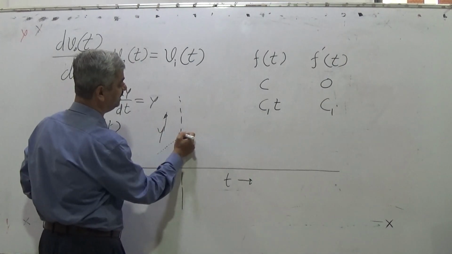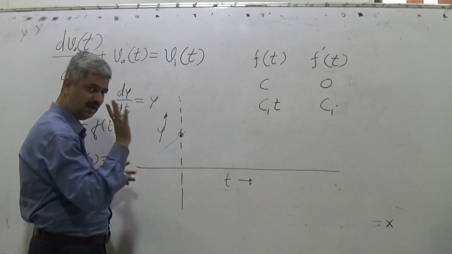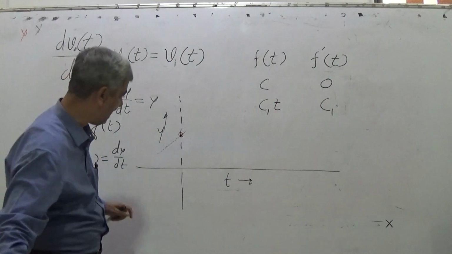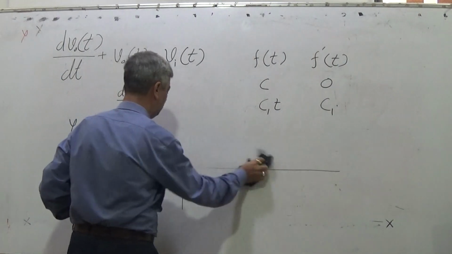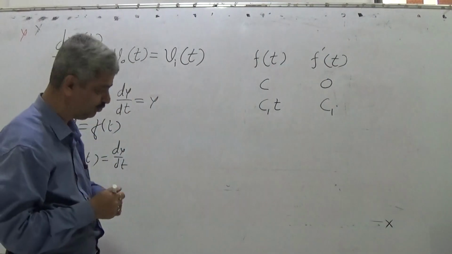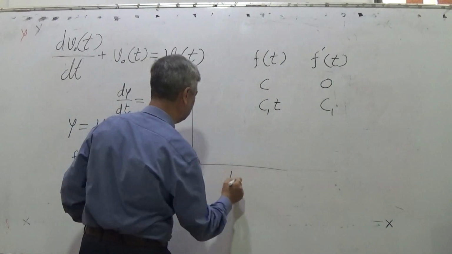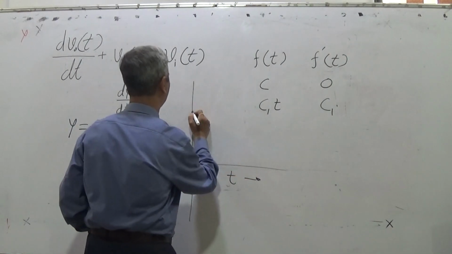Then as it proceeds further, it will increase. At t equal to 0, I have assumed y equal to 1. I can assume anything; I have assumed y equal to 1 deliberately. You will understand it.